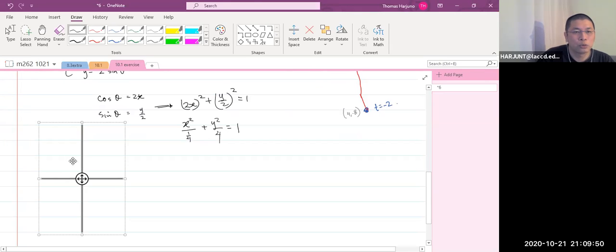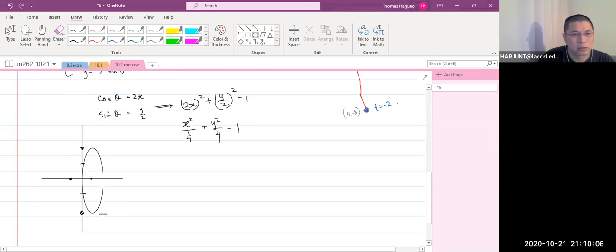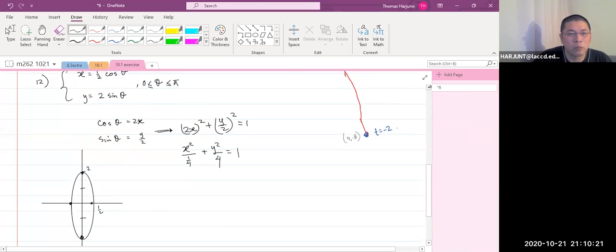Okay. Center at origin, 2 units up, down. Half unit left, right. So the ellipse approximately looks like this. This is half unit here, this is 2 units here. But then, how about the direction, the starting point?